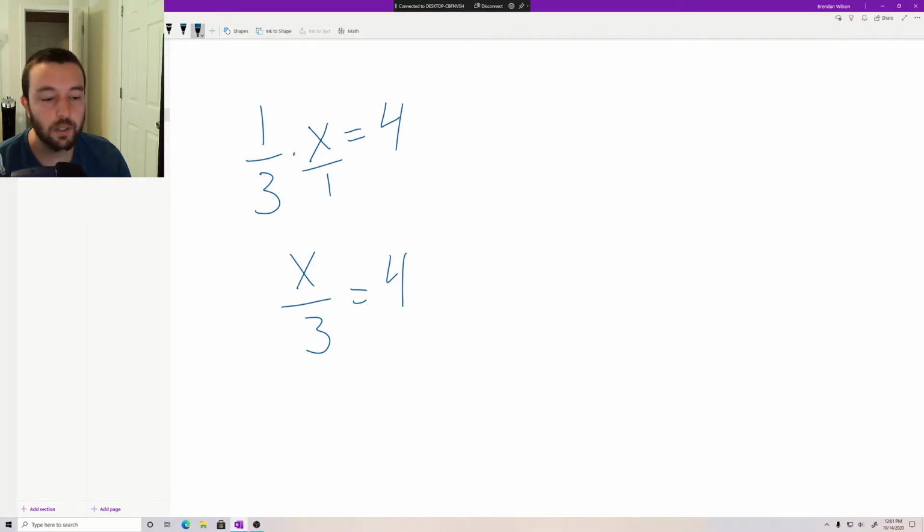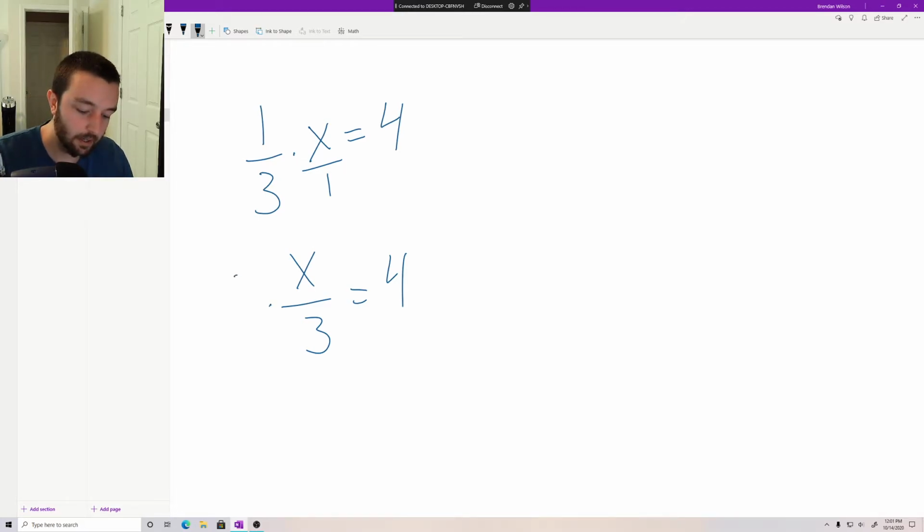Now, we need to get rid of that 3 on the bottom. Okay, we want to just have x by itself. And you don't even necessarily need to combine the fraction like I did here. You could have just done this in the first step and it would work just the same. I'll show that next. But if we want to undo the fact that we're doing x divided by 3, we should do the opposite. We should multiply by 3.